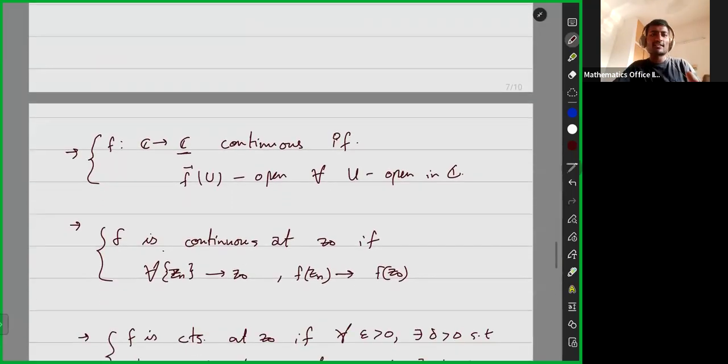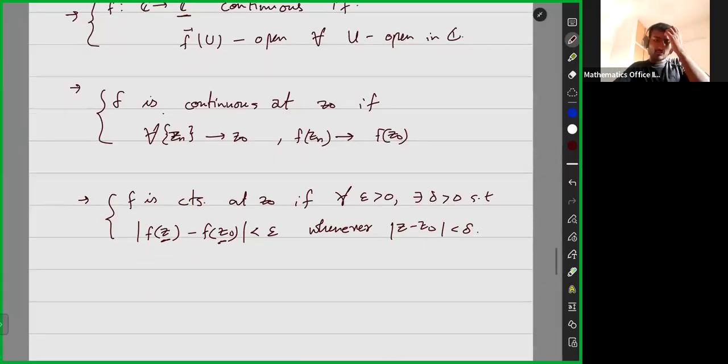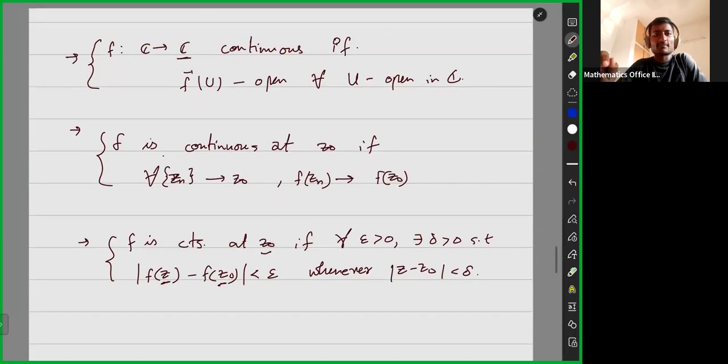These notions are basically pointwise: continuity at z naught, differentiability at z naught, and you have to find the limit. Is that the only way to know differentiability in the complex setting? There is no easy topological definition like they have for continuity. We just have to calculate the limit, and if the right-hand limit, left-hand limit, everything exists and is exactly equal, then only it can happen.